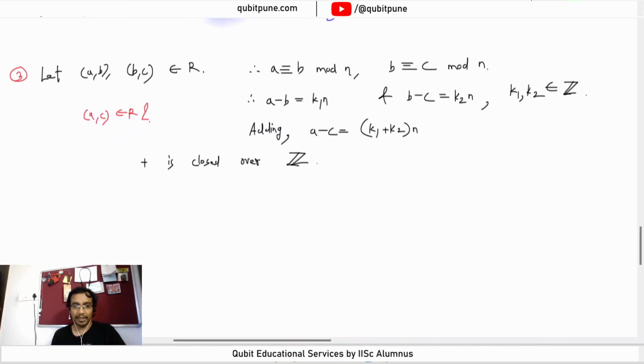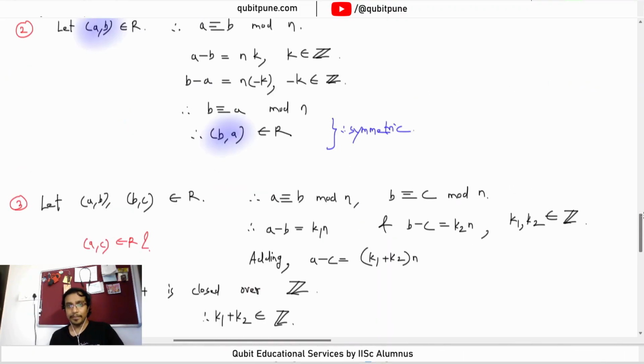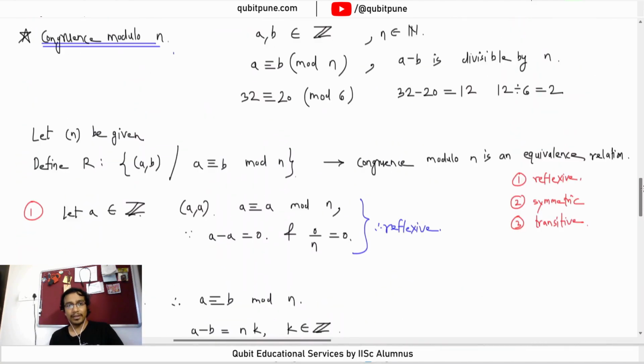We call this closure property. Therefore, K1 plus K2 also belongs to the set of integers, which confirms that A is congruent to C mod n, and therefore it is transitive. So the congruence modulo relation is an equivalence relation.